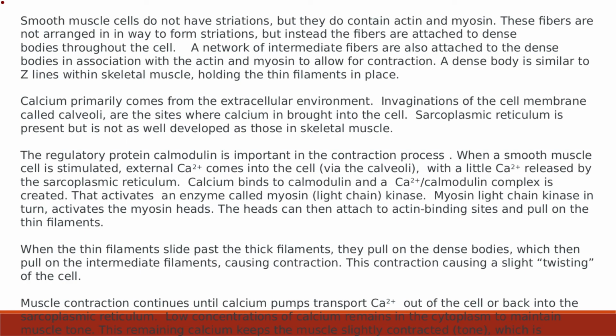And that calcium comes in and it binds to a molecule called calmodulin. And when it binds to that calmodulin, it forms a calcium-calmodulin complex. And that's going to activate a specific enzyme that is going to trigger myosin and activate the myosin heads.